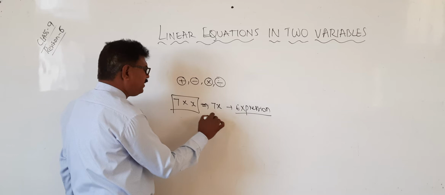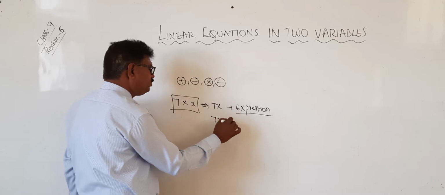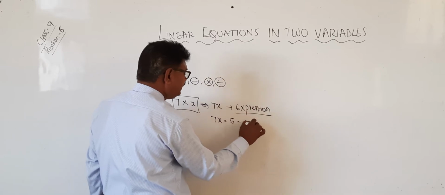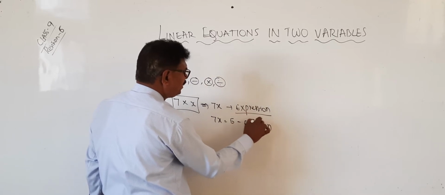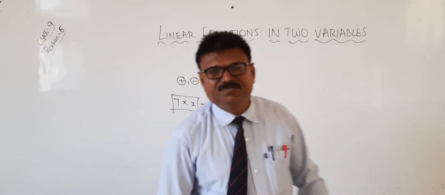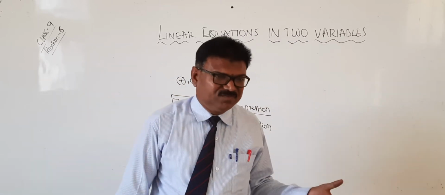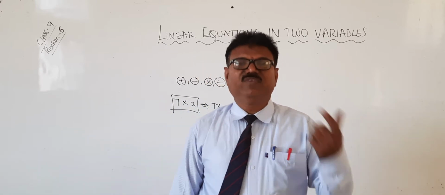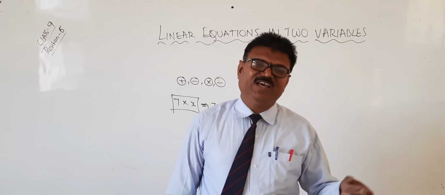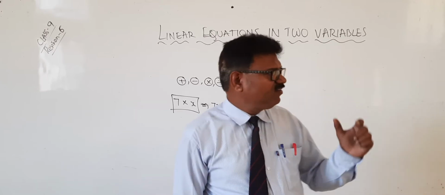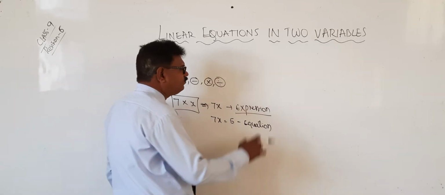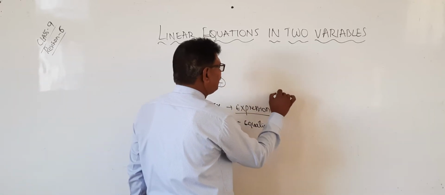If the same expression is equated to something, then it will become an equation. The basic thing of an equation is that we are finding the unknown value, whether x value, y value, z value, any alphabet value. For example, a number is there.